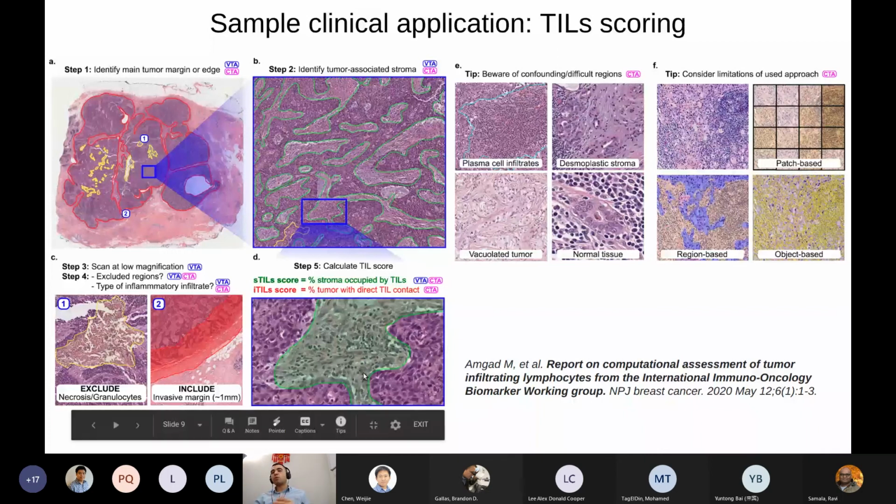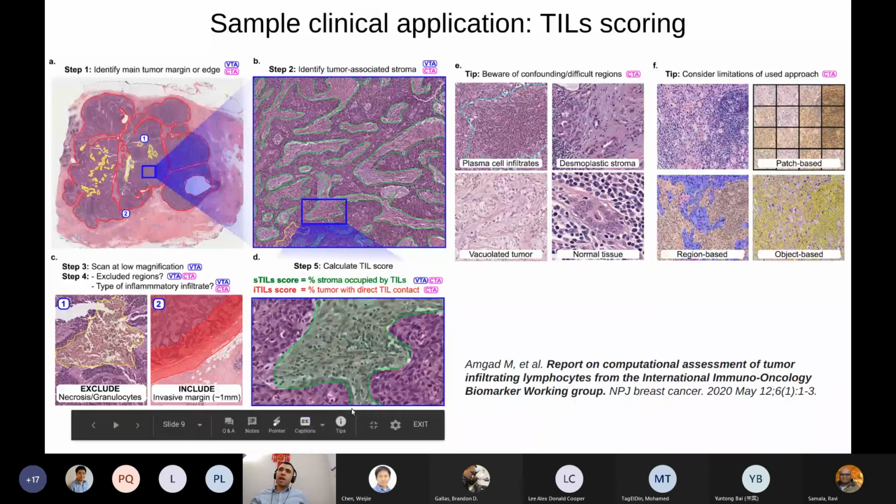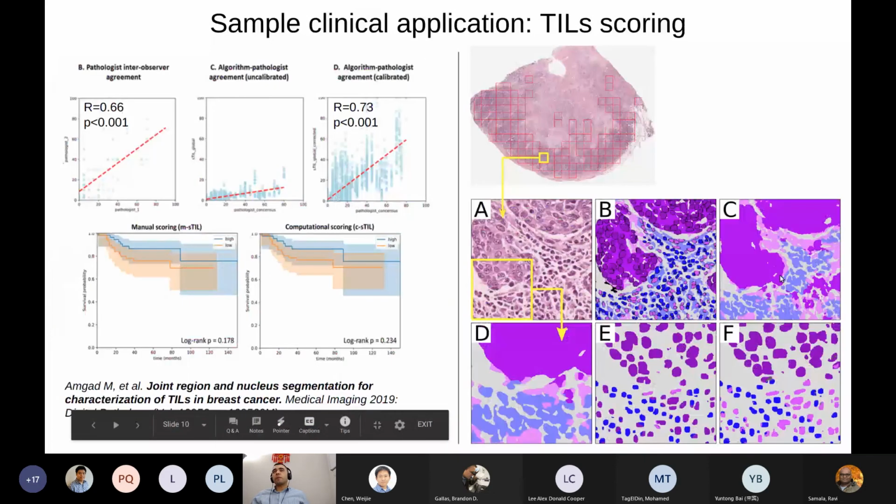I mean, it could be correlated with survival, but if one were to capture the clinical guidelines, what the clinicians do in real practice, they typically would do the assessment in a focused region, avoid certain areas, and if one were to really try to translate all of the clinical trials that have been done, or at least the prospective studies with the clinical scoring, you want to be close at least to the clinical scoring method, which would require some form of mapping at the level of regions as well as the level of nuclei.